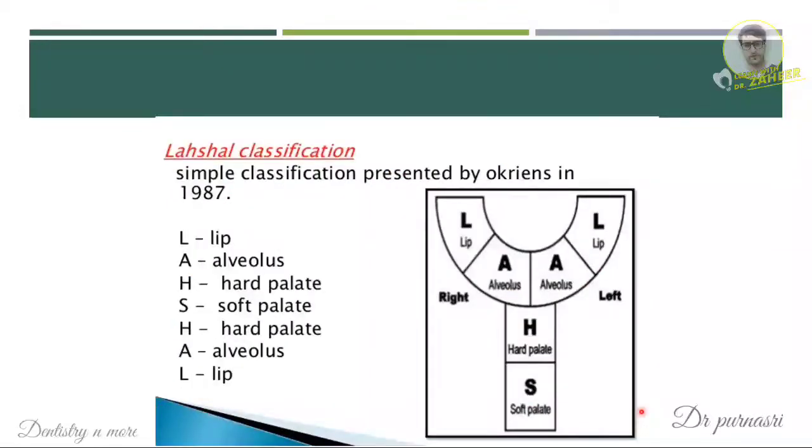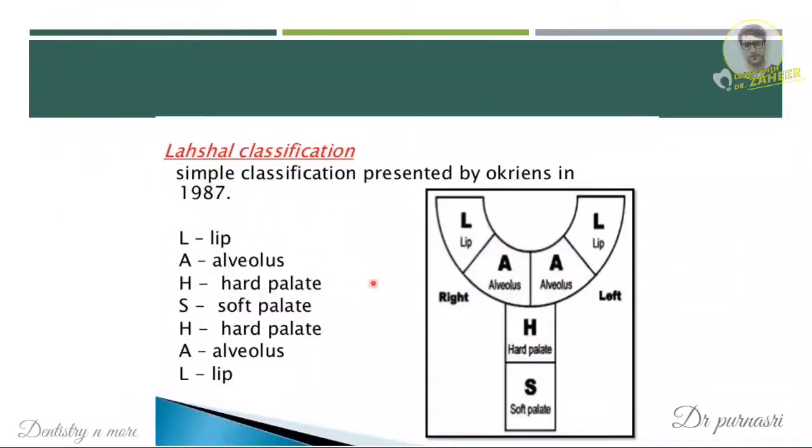Then there is the LaSalle classification. They have given alphabets. L stands for lip, A for alveolus, H for hard palate, S for soft palate, and the same way it is repeated here, HAL. This is the diagrammatic representation.